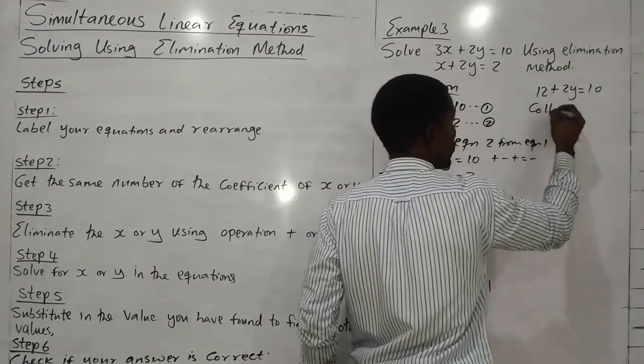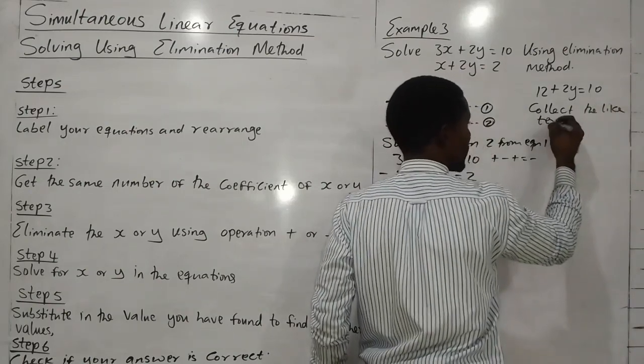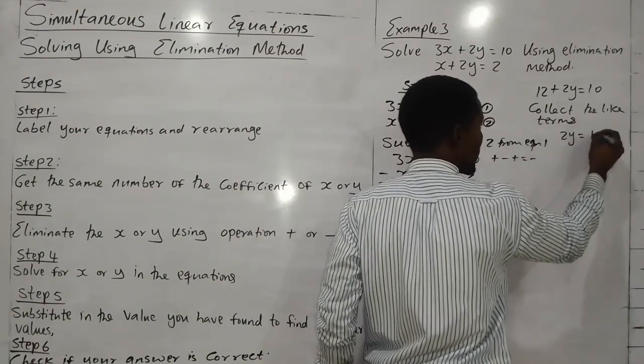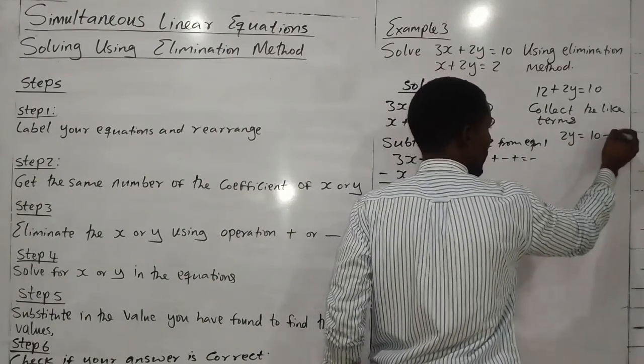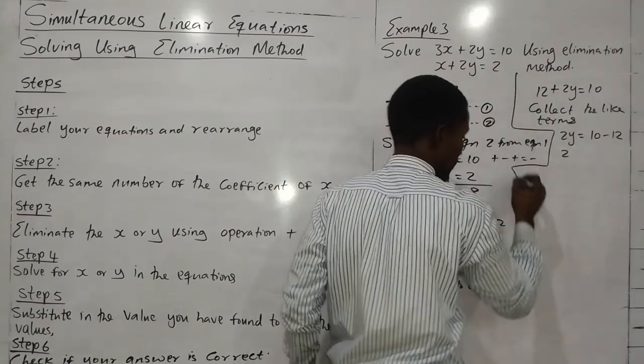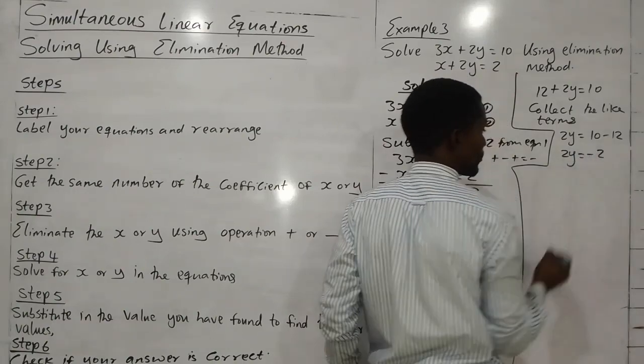The next thing I need to do is to collect the like terms. So I have 2y equals 10 minus 12. So I'll be having 2y equals minus 2.